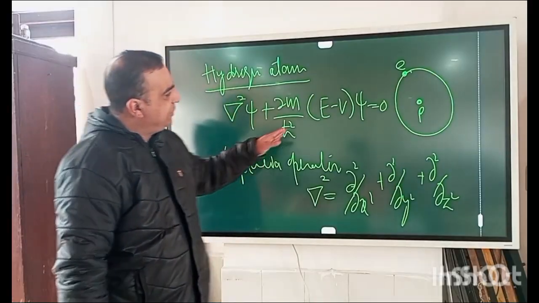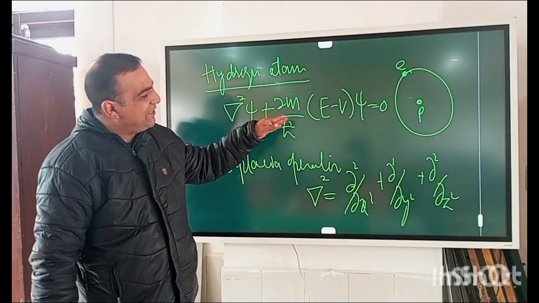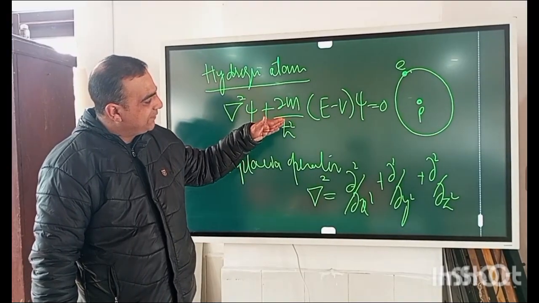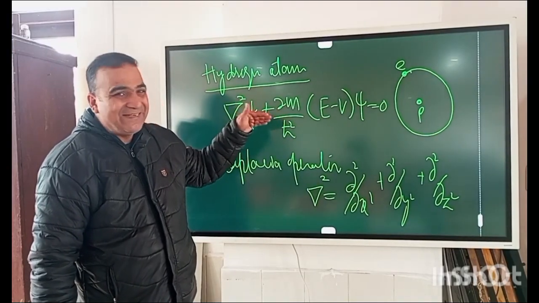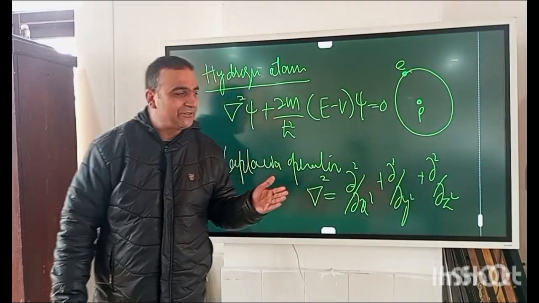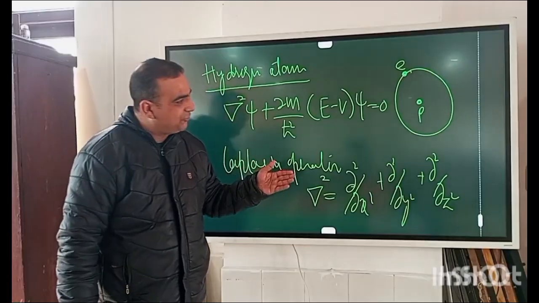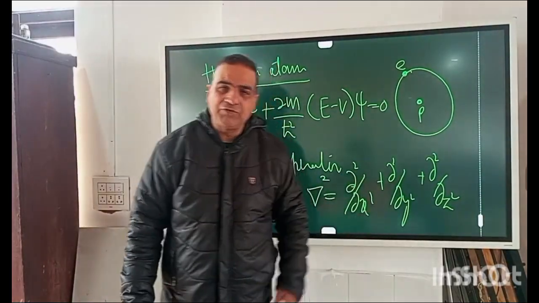But if we look into the potential energy of the hydrogen atom, the potential energy has a dependence on r, and r is the average position of the electron from the central proton.